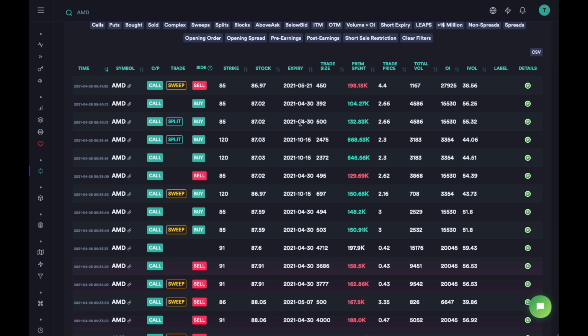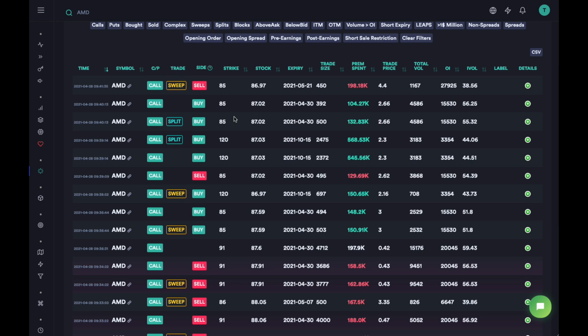Again, both of these are April 30th, but the strike is just 85. So we are not going above the 85 strike for all the buy calls, but for the sell calls we are staying at about 90. That means the price will probably not go above 90 based on this flow from the first 11 minutes, in the next few days, let's say 5 to 10.